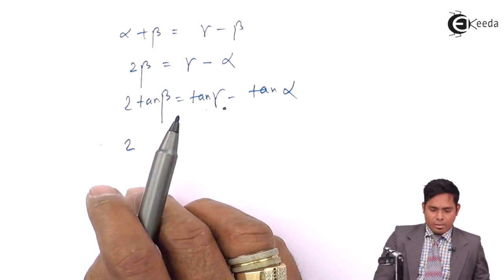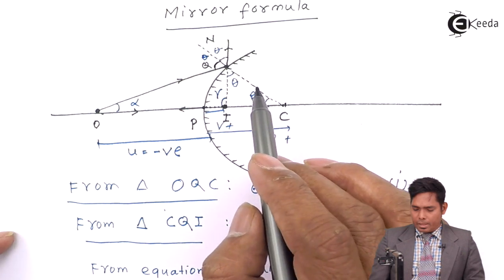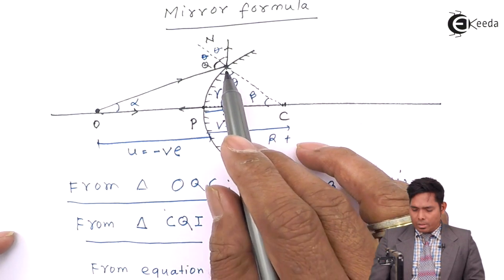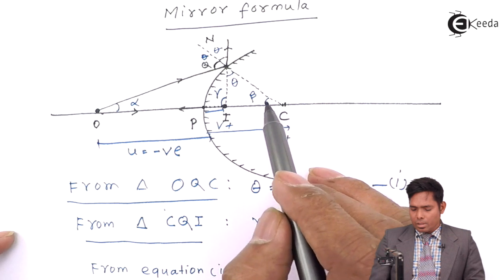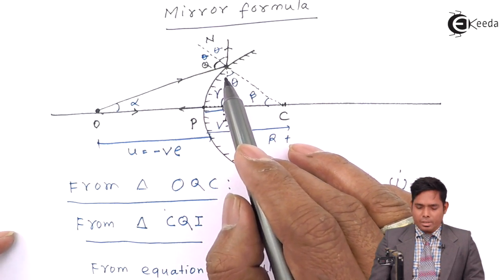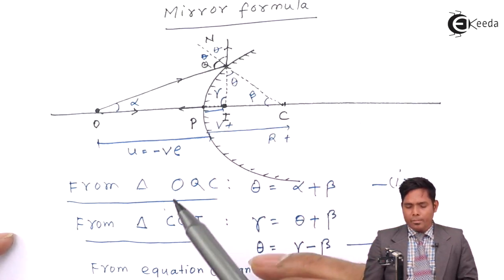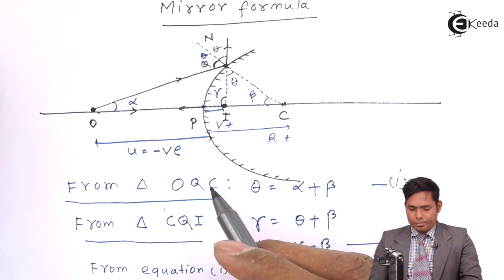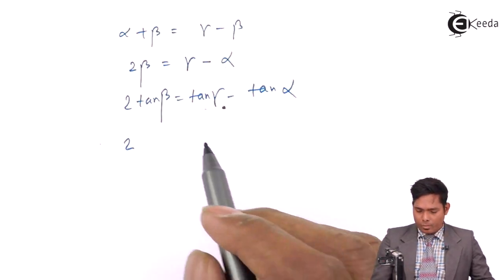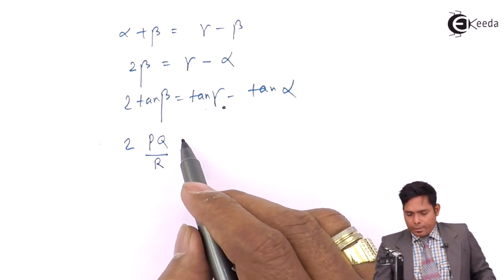What is tan beta? You can see here, tan of beta, in this triangle, is this distance by this distance. But basically this distance is nothing but PQ, because this ray is very close to the axis, as we discussed last time. So this distance by this distance, that means PQ divided by R. And this is tan gamma.